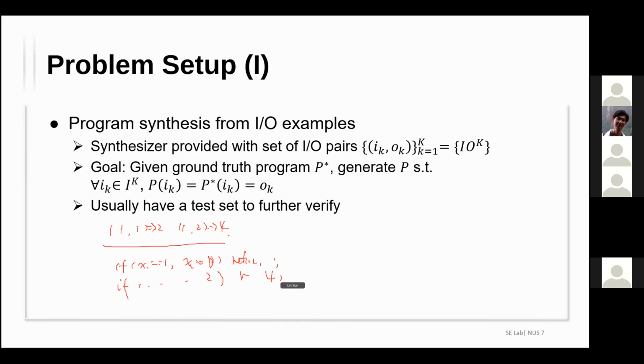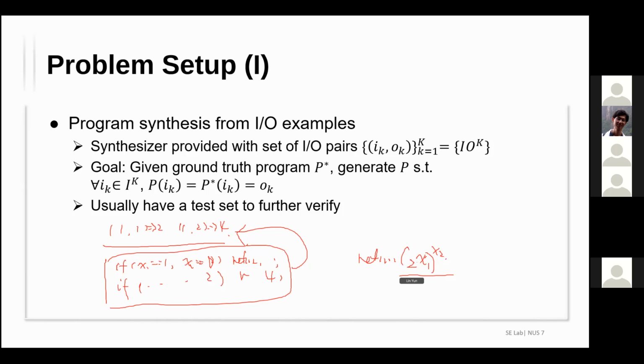So this program can perfectly meet the expectation of this input and output, but definitely this is a very trivial implementation, a very trivial result of the synthesis. And we hope there is supposed to be a general function, like maybe return x1 to the power of x2, or maybe 2 to the power of x2. This might be one way of generalization that may not be correct.